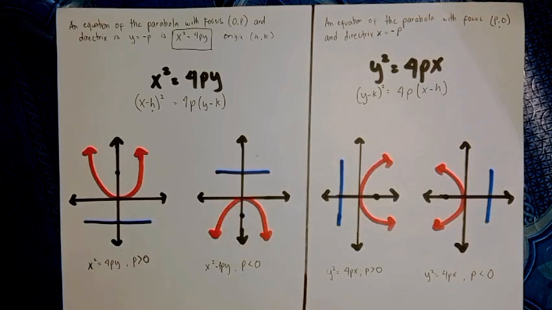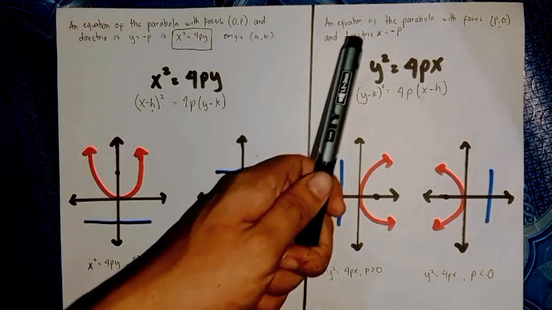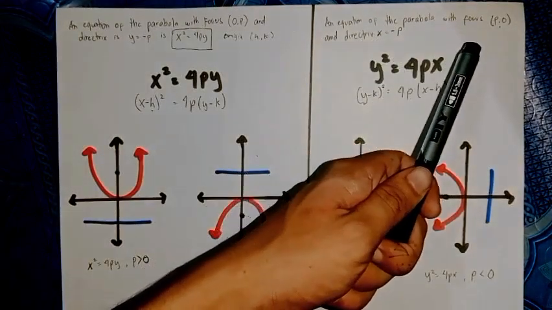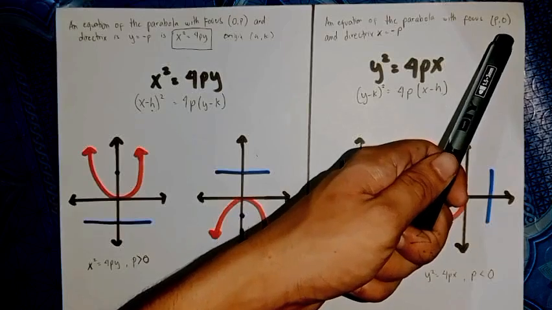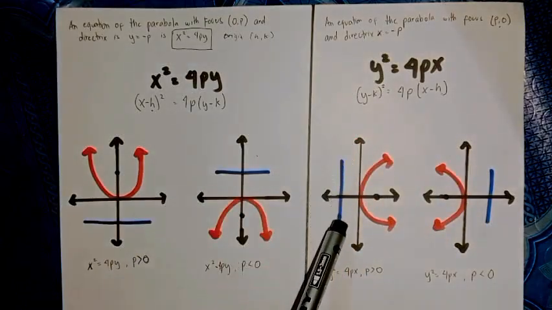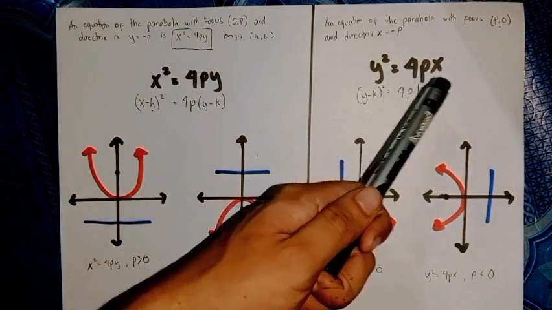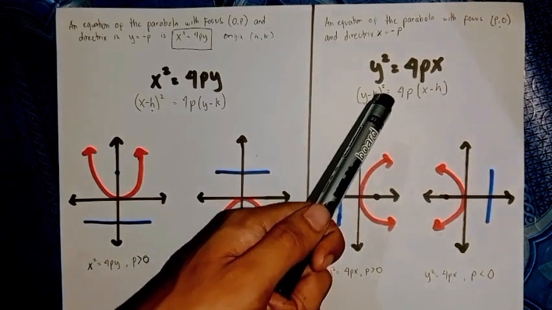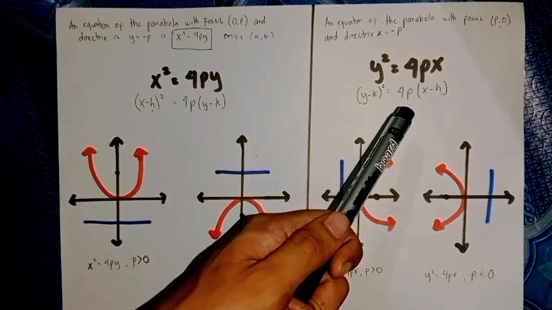Now, let's proceed to the second equation. The equation of the parabola with focus (p, 0) and directrix x = -p can be written as y squared is equal to 4px, or (y minus k) squared is equal to 4p(x minus h).